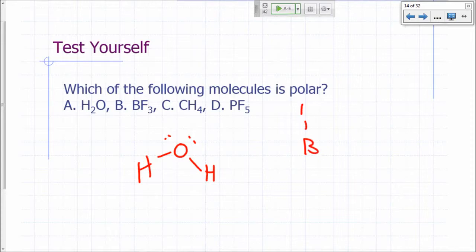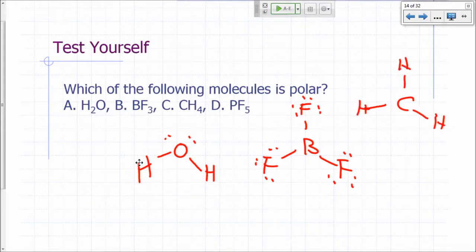BF3 is trigonal planar. CH4 is tetrahedral. And PF5 is trigonal bipyramidal.